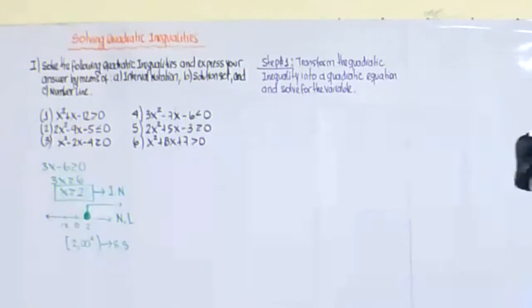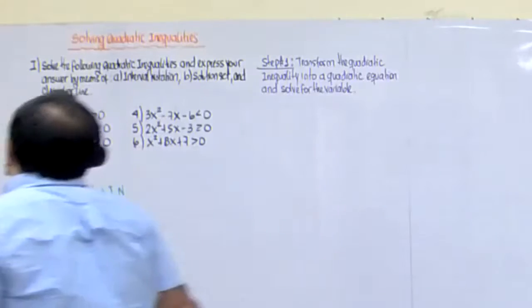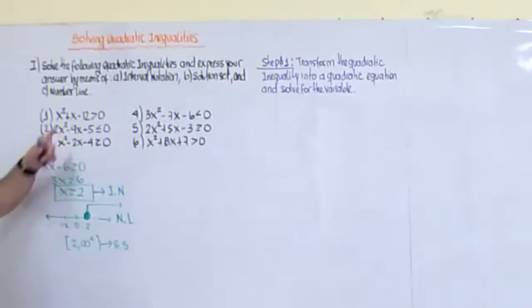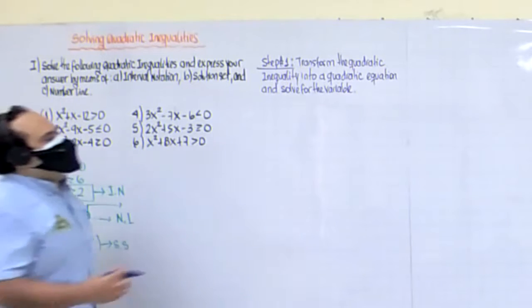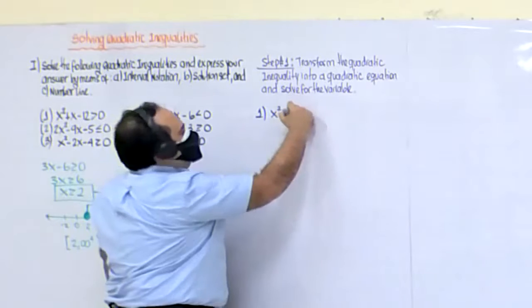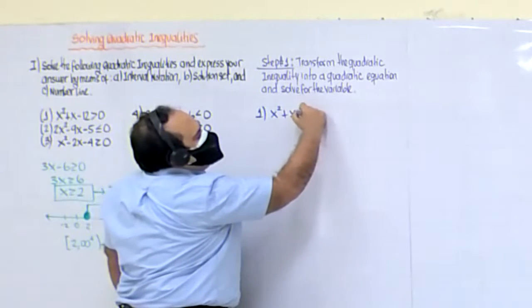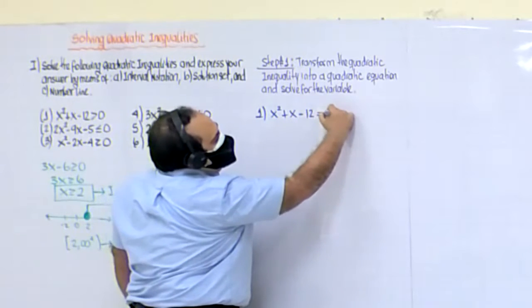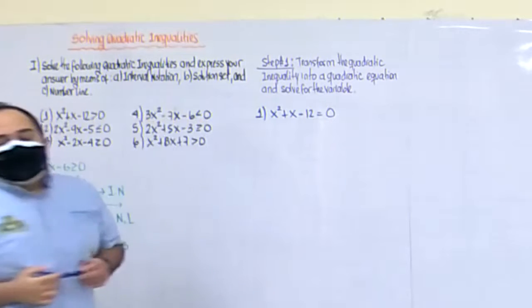In the first one, we have x squared plus x minus 12 greater than 0. Instead of using greater than 0, I'm going to copy the equation x squared plus x minus 12, and this is going to be equal to 0.